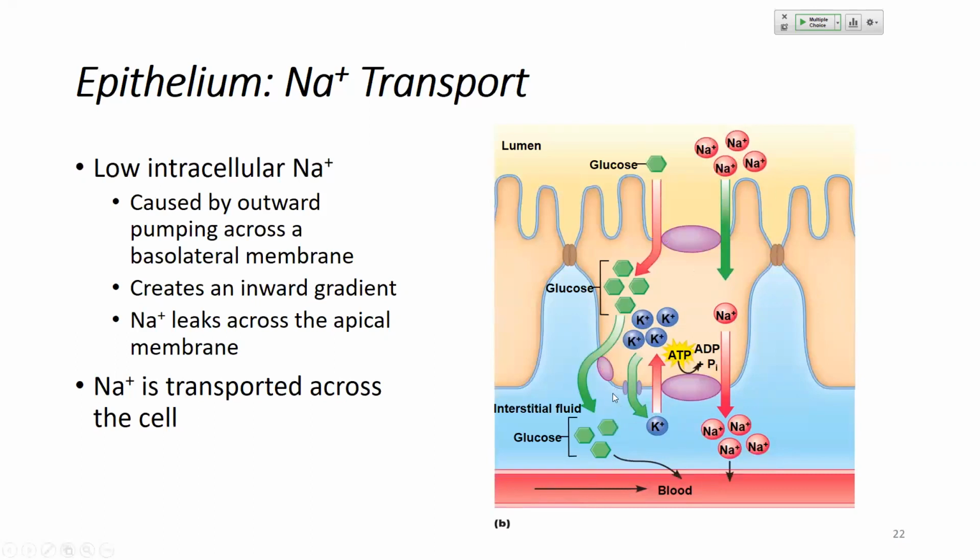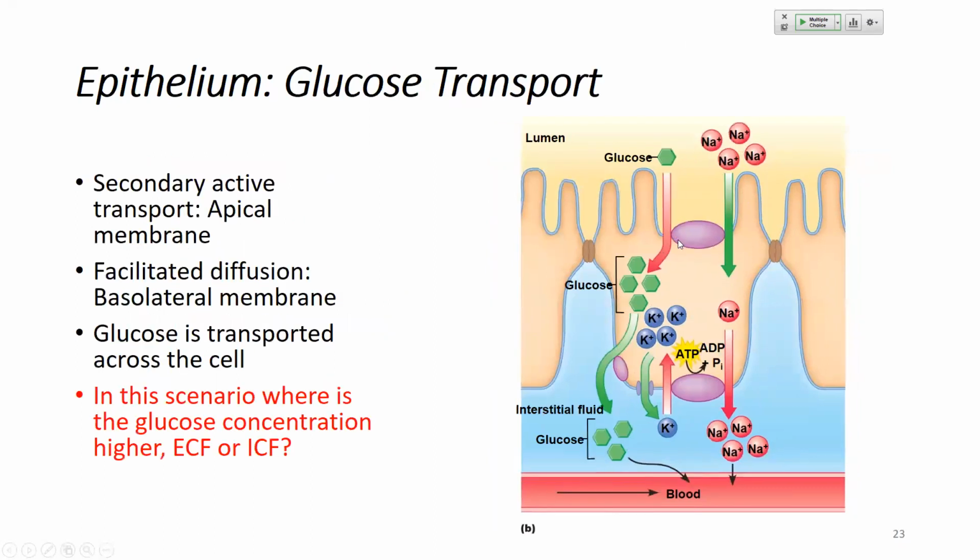So that combination of pump and leak is what keeps the concentration of the ion stable. Sodium then leaks back into the apical surface, and in doing so, it's going to generate energy that we can use to bring glucose against its own concentration gradient. And we already described that secondary active transport, where sodium is being brought in down its own gradient, and that energy is being harnessed to transport glucose into the cell as well.